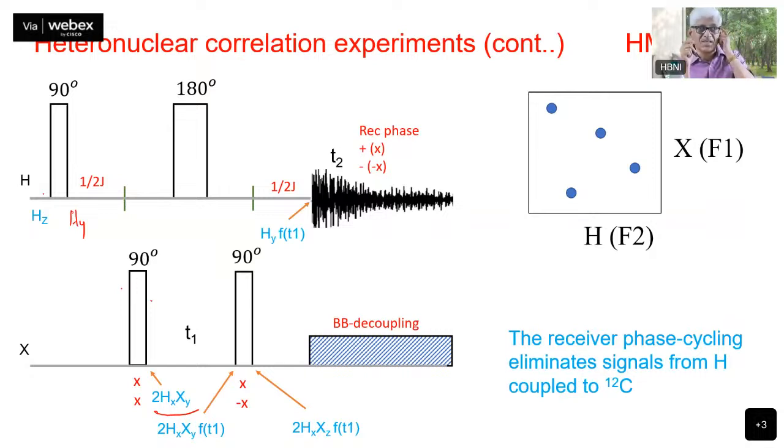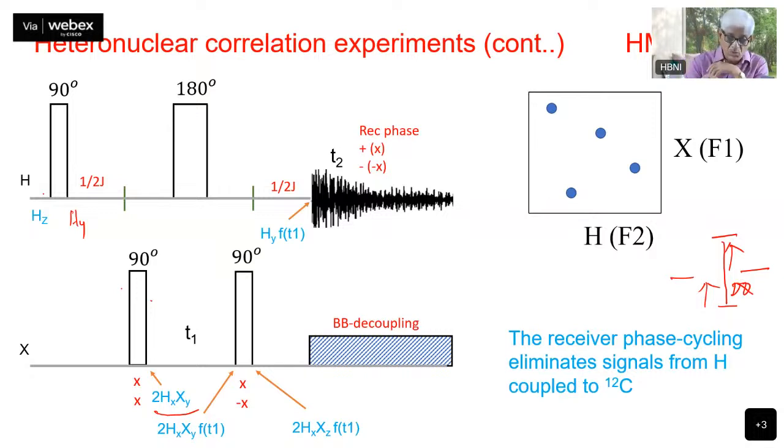Double quantum coherence is the sum of the chemical shifts of the X and H. If you remember the energy diagram there, this is the double quantum coherence, and this frequency is the sum of this plus this. So therefore, we will have the sum of the two frequencies, omega H plus omega X. That will be the double quantum frequency.